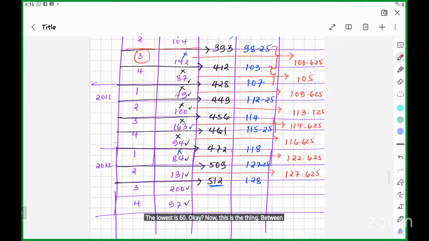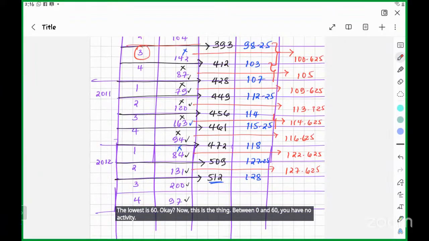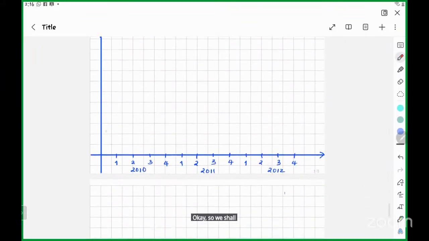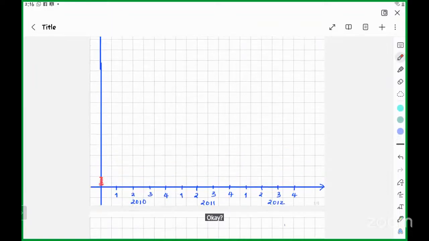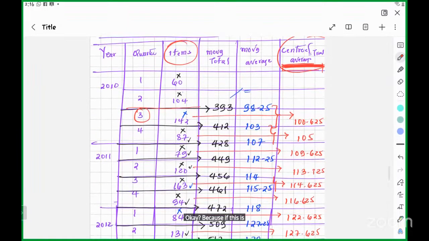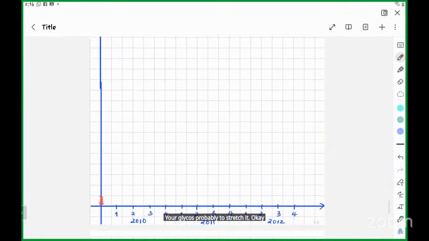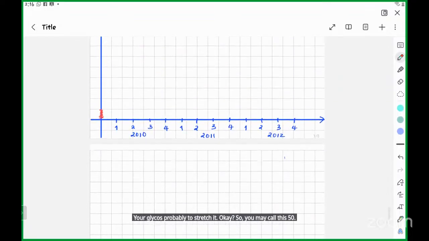Between 0 and 60, you have no activity. Okay, so we shall do a zigzag. And you may decide to call it 50. Because if our first value is 60, you would probably like to stretch it. So you may call this 50.